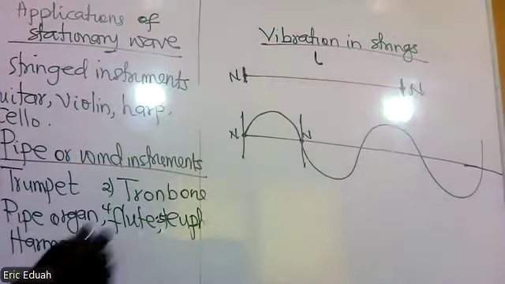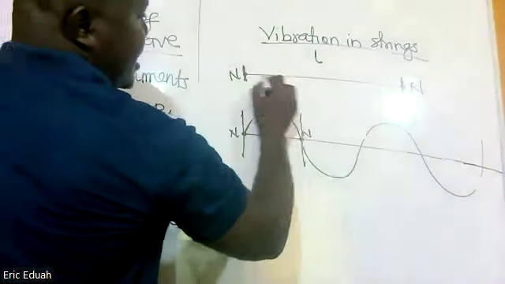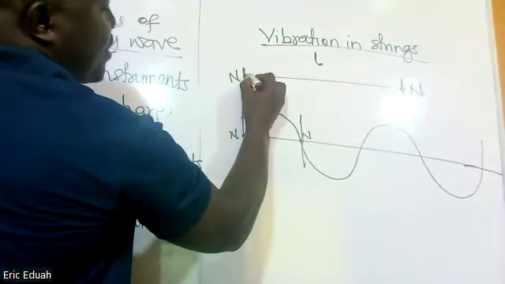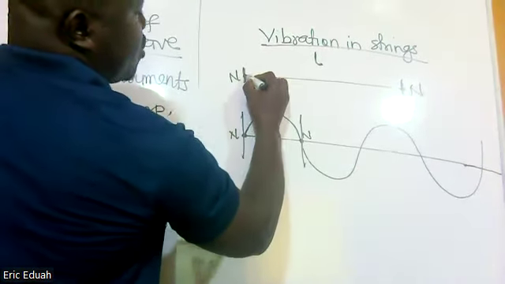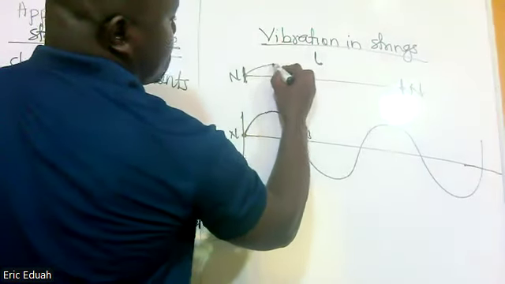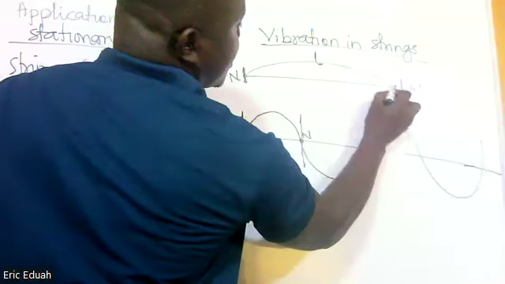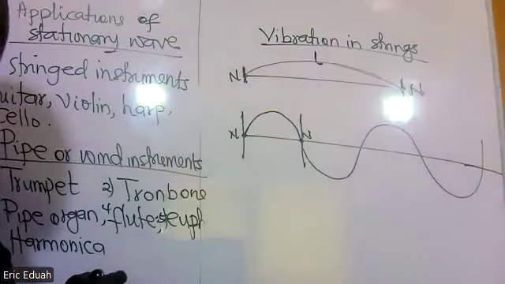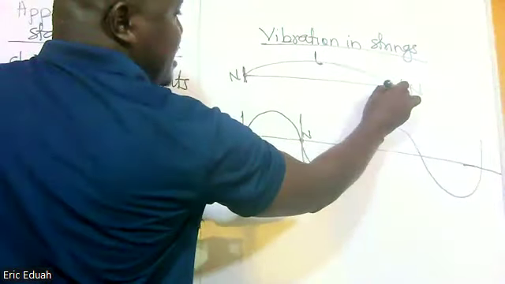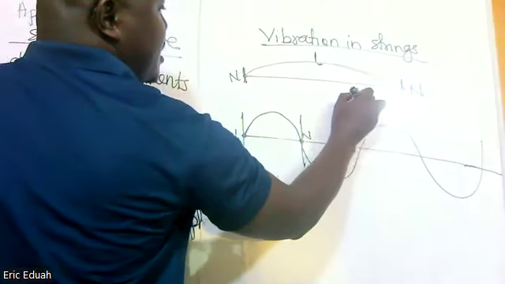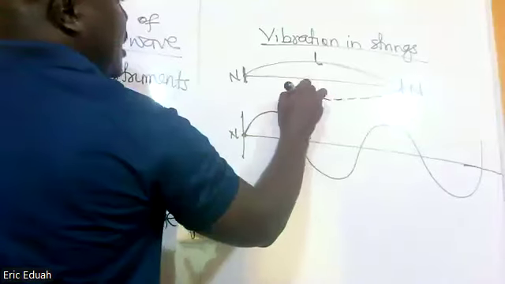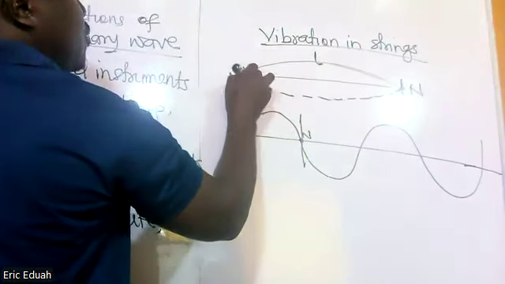So if I have a string of length L, the first possible stationary wave formed will look like this. It hits the barrier and reflects, creating the stationary wave or the notes.